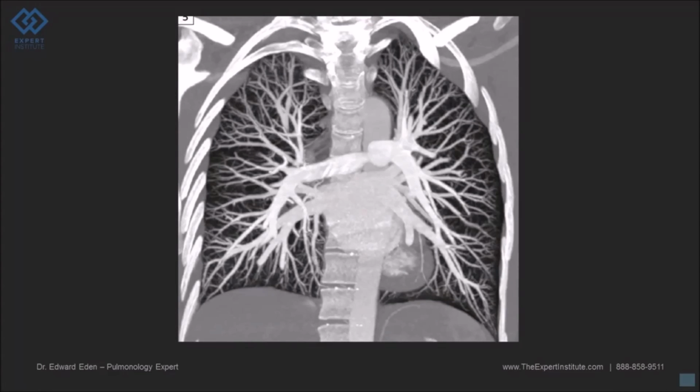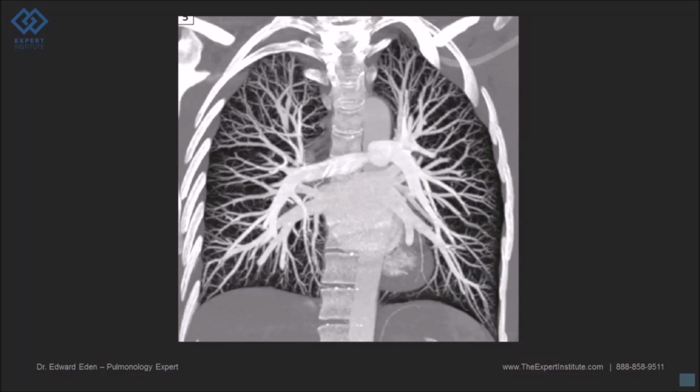Next slide, please. This slide is meant to illustrate the capacity of the pulmonary vasculature to accept clots. In other words, small clots will not have much impact or very little impact on the gas exchange properties of the lung.